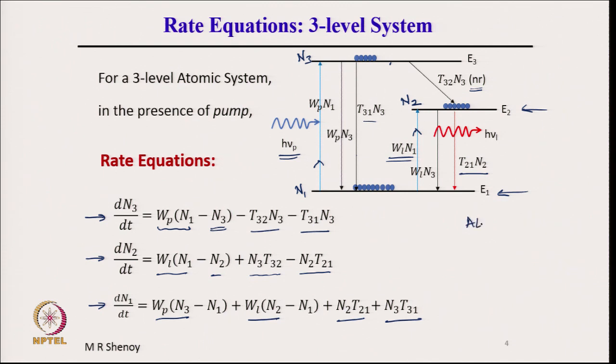So, at steady state, each one of these is equal to 0, that is dN3 by dt equal to 0, dN2 by dt equal to 0 and dN1 by dt equal to 0.